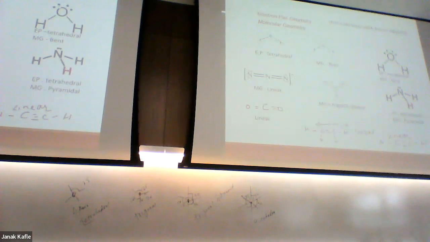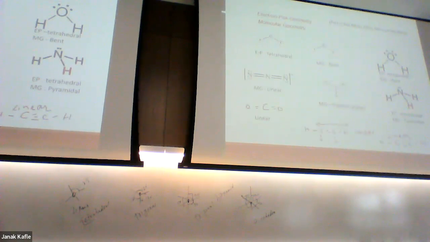But since the lone pair pushes this bond pair down more, the bond angle is a little bit smaller than 109.5. So the bond angle here is 107.5. Make sense? But if you look at the water, there are two lone pairs. So the bond angle is even smaller. They push more down. Good.